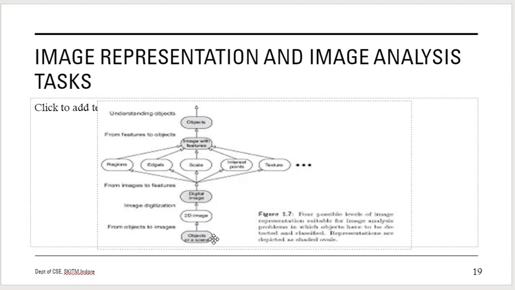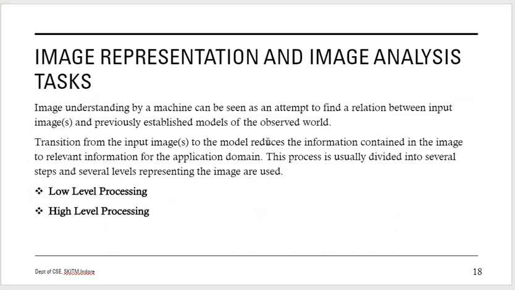On the raw data we are converting it into 2D images. We are converting into digital images, and performing certain transformation functions like region, edges, and scaling over the image, and at last we have the high level processing. In high level processing, we are trying to understand the object which is there in the image.